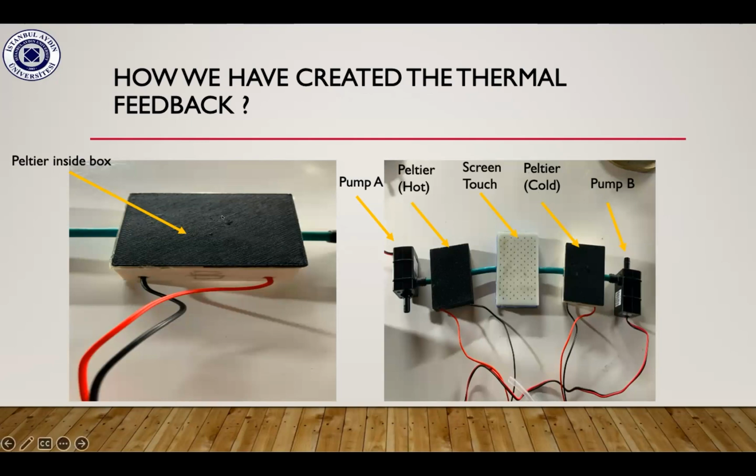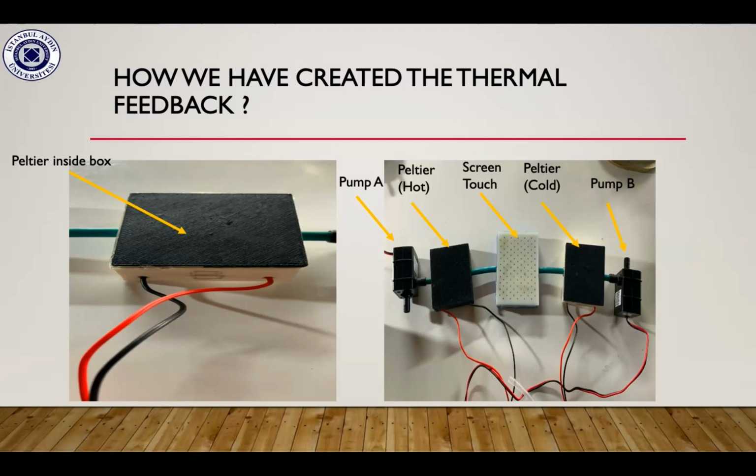As you see in the picture, I have a box. Inside this box, we have a Peltier. As you see here, I have two pumps and a relation with pipes. So in our example, we have two boxes, and inside these boxes, we have two Peltiers. One of them is cold, and the second is hot. There is also an aluminum layer inside. In the boxes, we have aluminum to maintain the temperature.